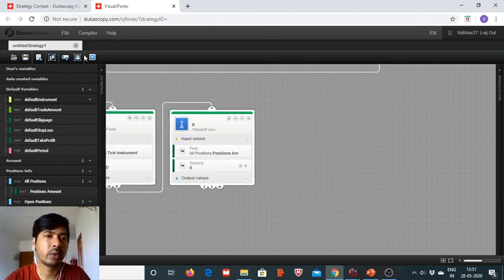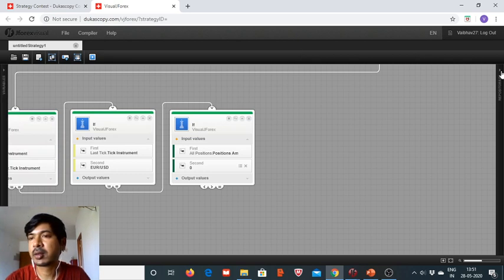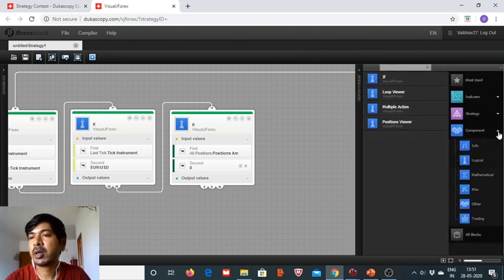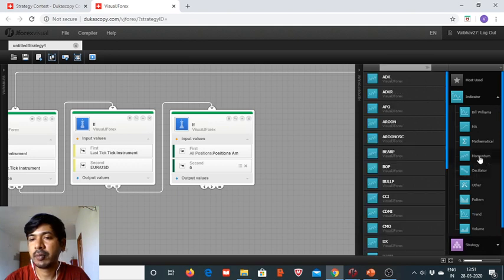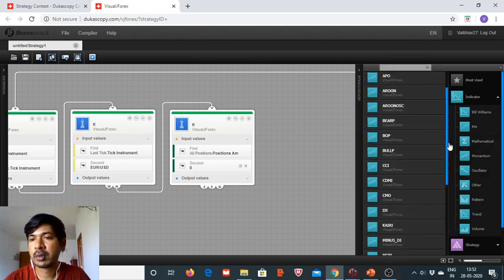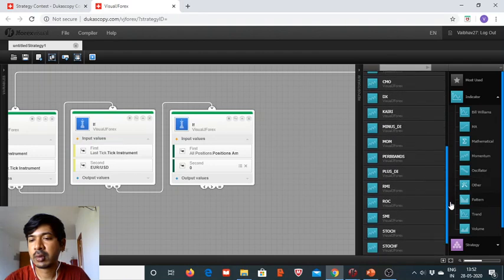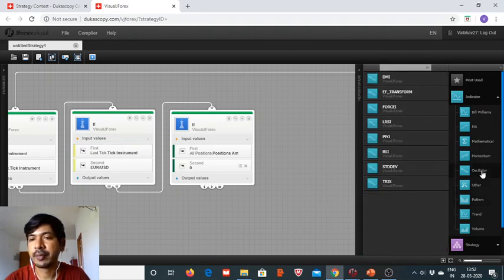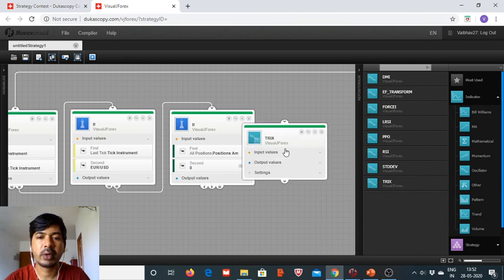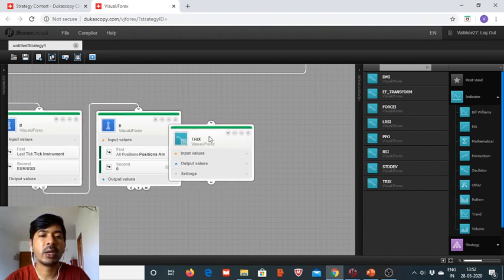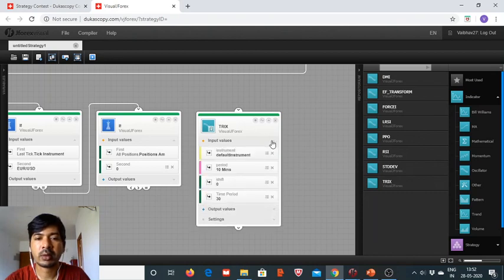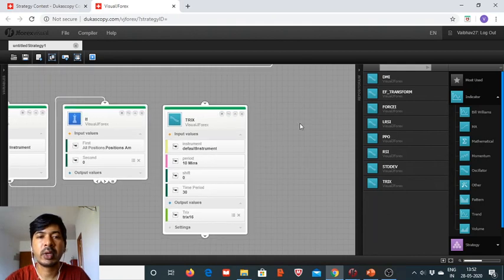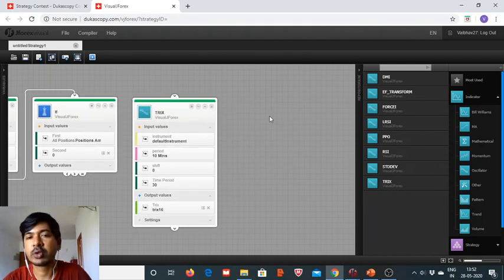And now is the time to bring TRIX. So here, indicators, momentum, I think it is an oscillator. Okay, here we go. We got this, and we will need a lot of TRIX blocks actually.